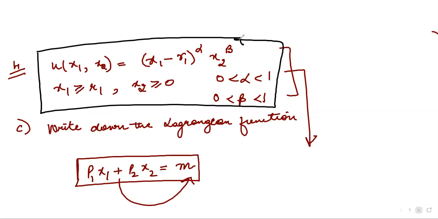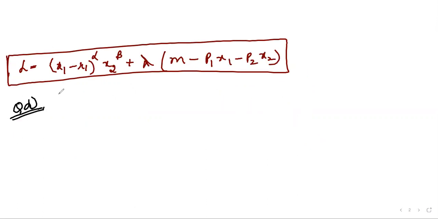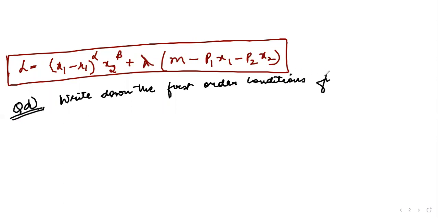The next question says, write down the first order conditions for this problem with respect to x1, x2 and lambda. Let's write down the problems.